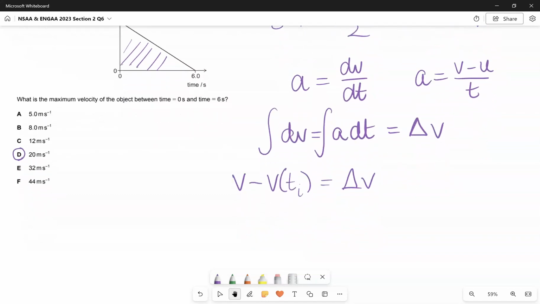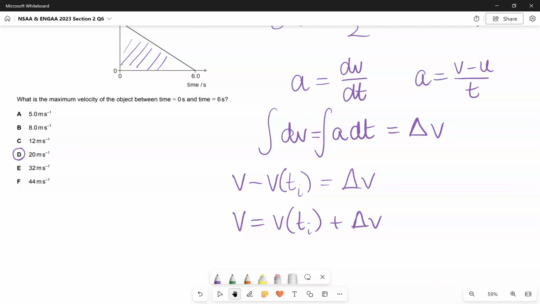And so if we rearrange this, we get v equals v at some time initial plus change in velocity. So you can always see your plus C depends on what initial conditions you've placed. So this could be at time t0, it could be at time 5 hours later, but we always get a plus C or an integration constant in these things because it depends on where we've set our reference.